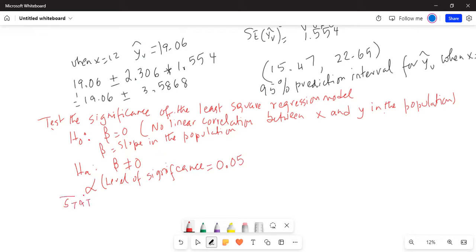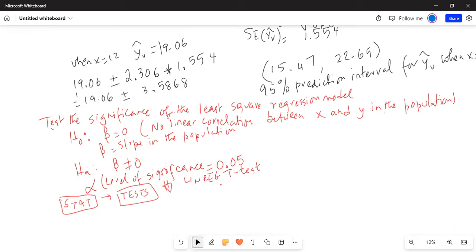Stat, test, highlight test on the top row, scroll down to LinRegTTest. LinReg means linear regression t-test. So you already have the data in L1 and L2. So stat, test, scroll down to LinRegTTest, which is F as in Frank, and hit enter.